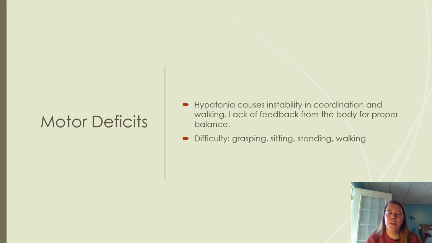Other difficulties that you may see in individuals with Down syndrome, and that we also may have to help individuals do, not necessarily in physical therapy, but more along the lines of occupational therapy, is fine motor skills such as grasping. They have a hard time grasping objects. They also have difficulty sitting up due to lack of trunk support and muscle strength, as well as standing and walking.